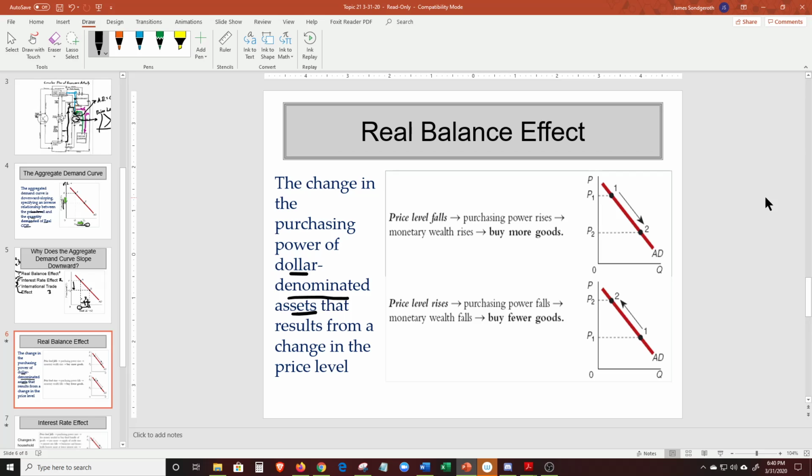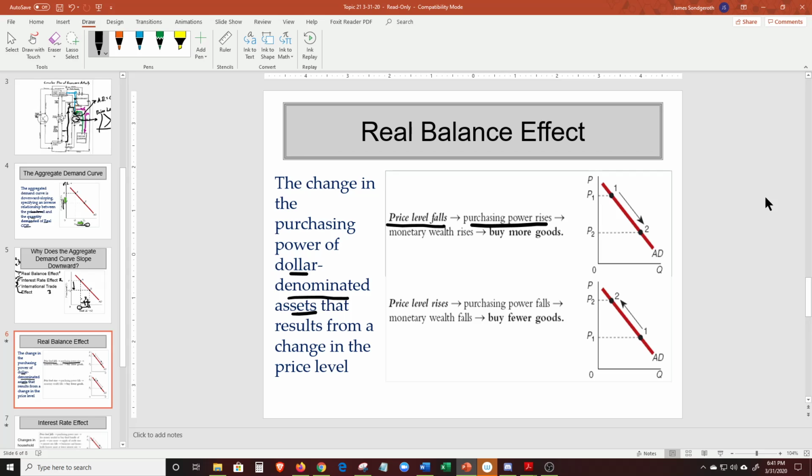Anyway, the argument is just this: if the price level falls and you have $100,000 in your savings account, suddenly that $100,000 will now purchase more. In real terms, it has gone up.